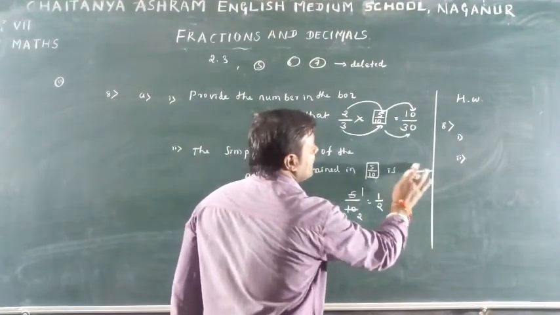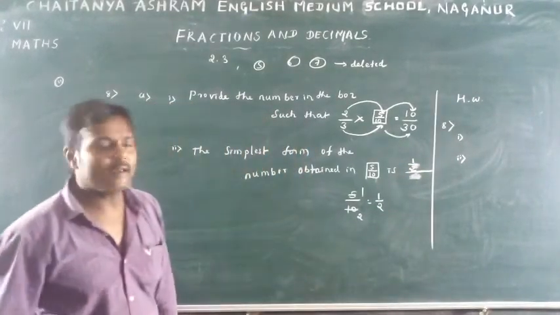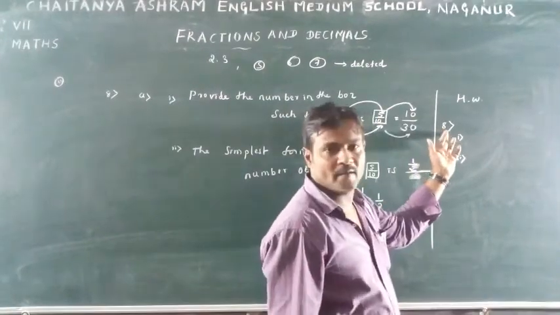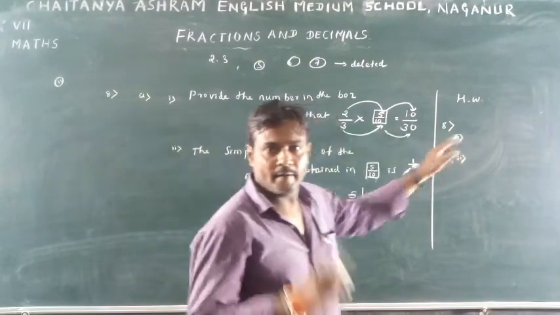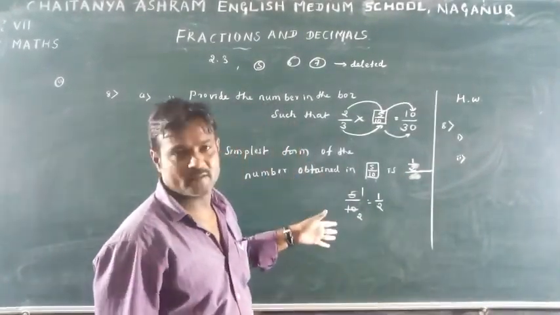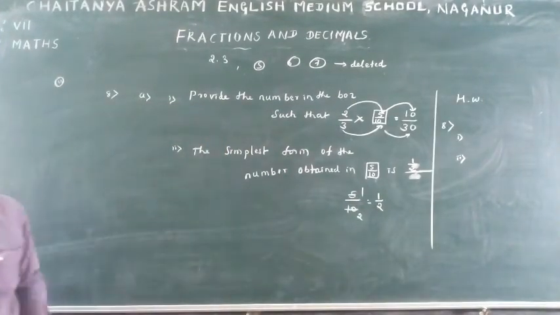Here we should write 1 divided by 2. Clear? So second one, that is, the 8th one. In the same way, for the other one, refer to the textbook. We will see the questions and do the same process. We will get the answer. Yes, pause the video, write the answer.